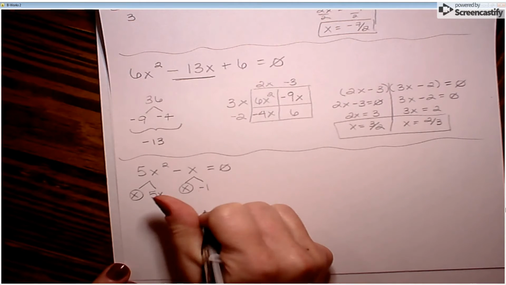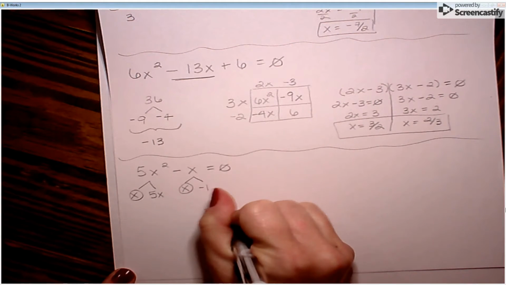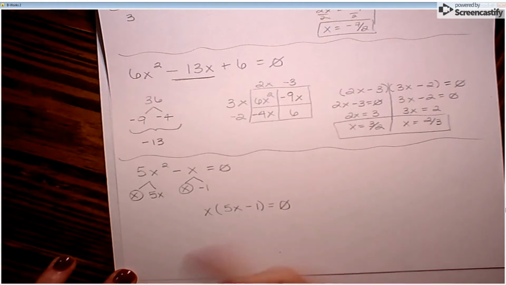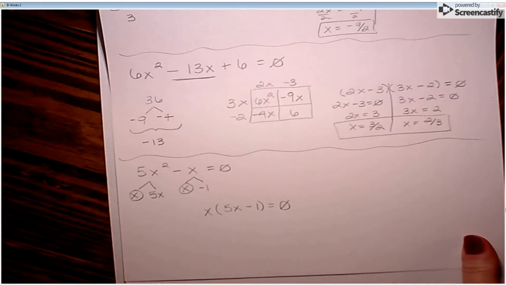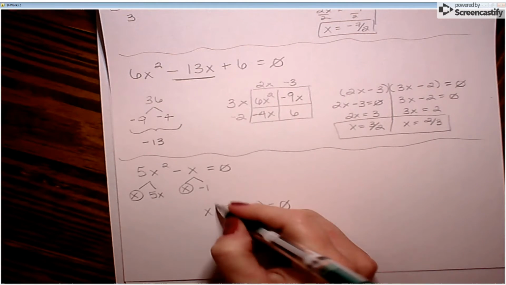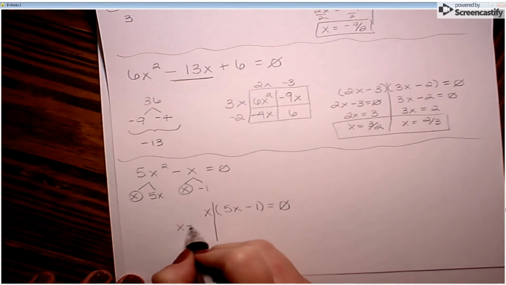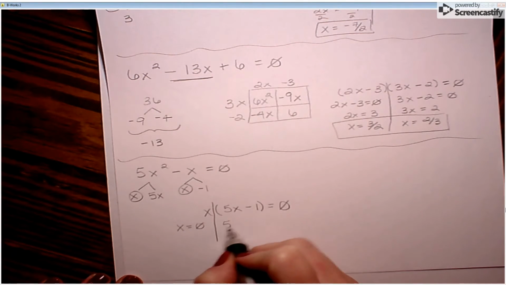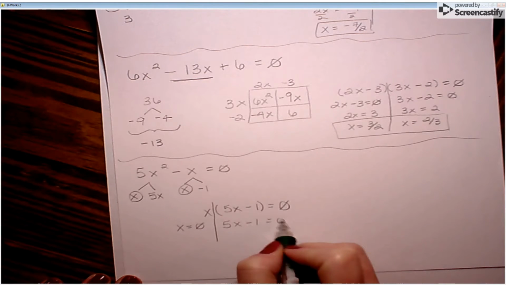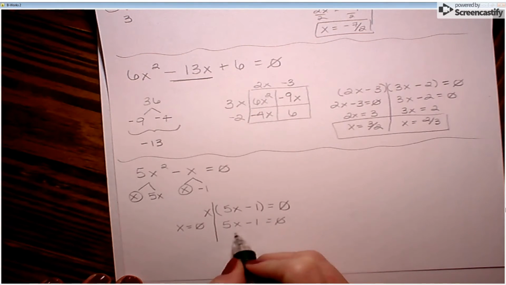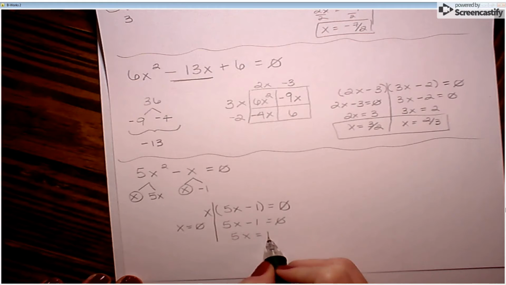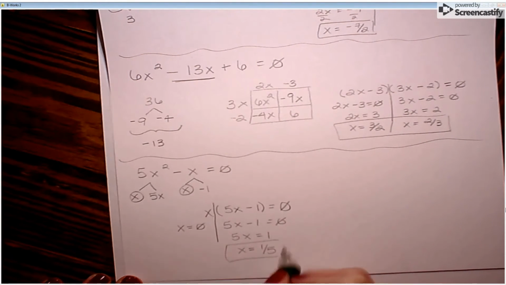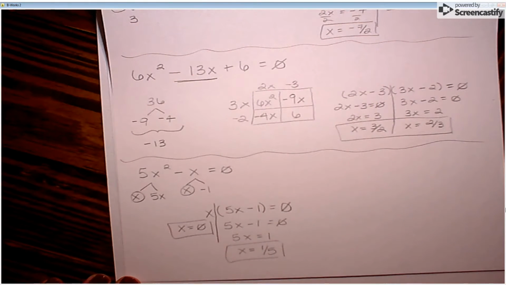So x would be what's outside of the parentheses, and then 5x minus 1 is what's left over. Both of those things are set equal to 0. Solve both of these to determine what x values make 0. Well, that would be 0 because it's just x. Here I've got 5x minus 1. Add 1, so I have 5x equals 1. And divide by 5, so I have x equals 1/5. So those are my solutions there.